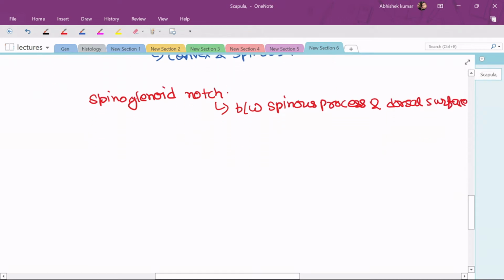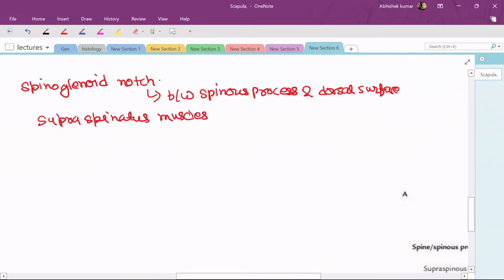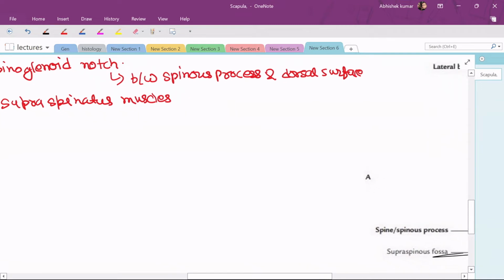Okay. Now the second one is your supraspinatus muscle. So these are the attachments we are talking about with the dorsal surface, of course.